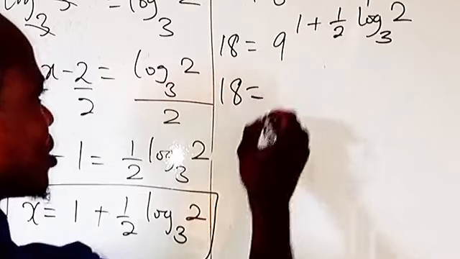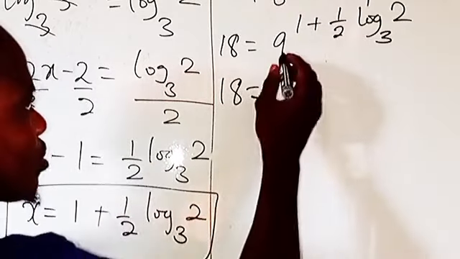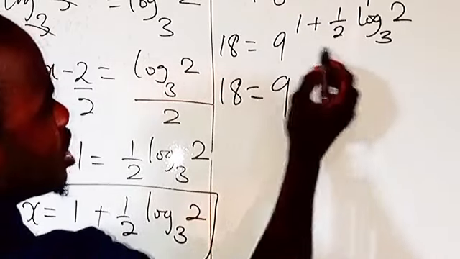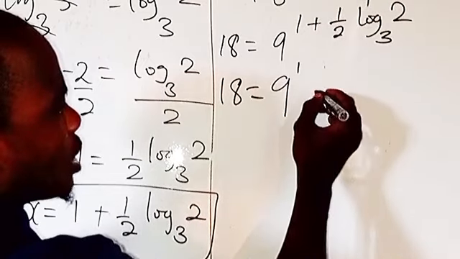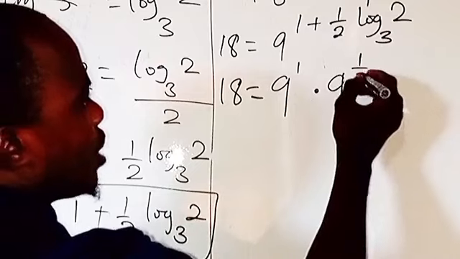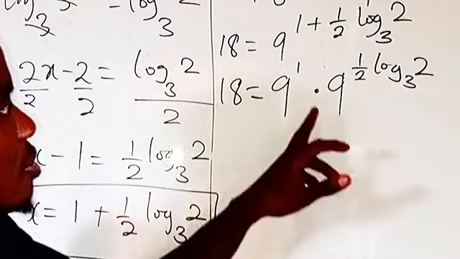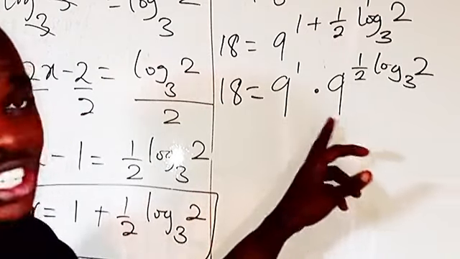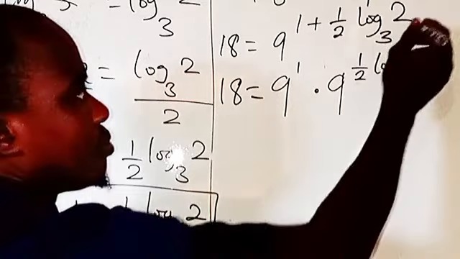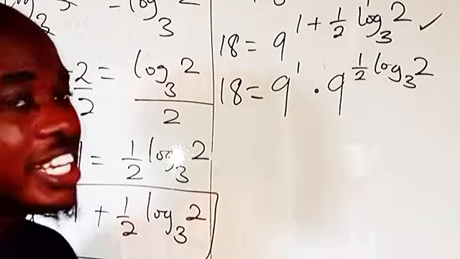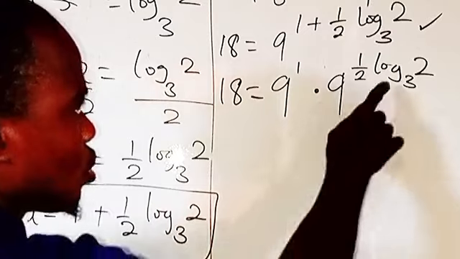If you don't understand logarithm very well, you have a problem here. This can be written as 9 to the power 1 multiplied by 9 to the power of 1 over 2 log base 3 of 2. The reason why I have this is because when you apply the law of indices, you're going to have this back. It's going to be plus, because when two bases are being multiplied, this is what you're going to have.